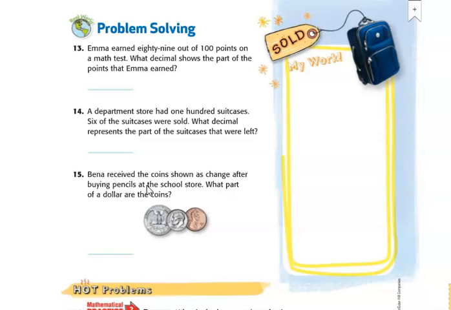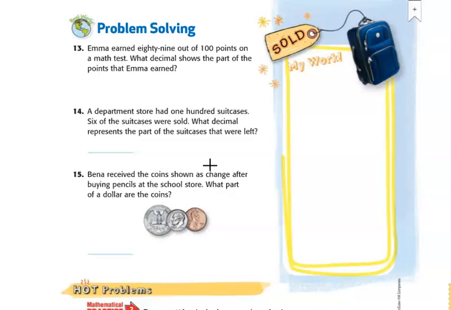If I was going to show 89 on my grid, 3, 4, 5, 6, 7, 80, 1, 2, 3, 4, 5, 6, 7, 8, 89. So I would have 0 whole and 89 hundredths.